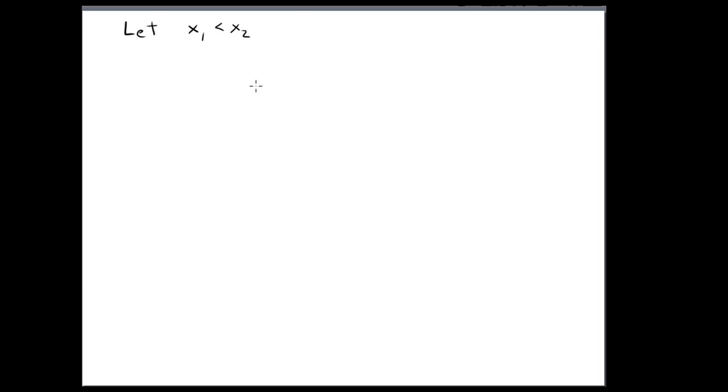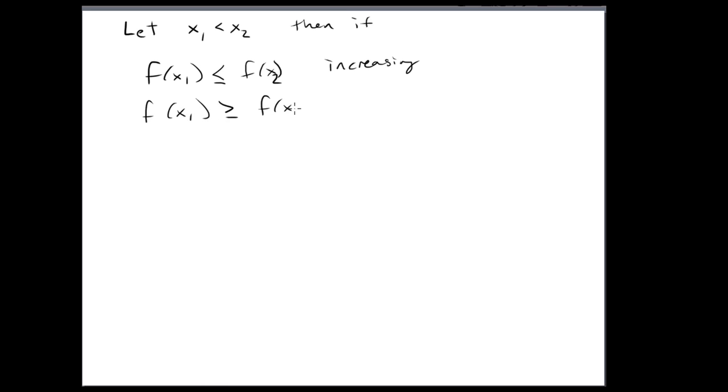Then, if f of x1 is less than or equal to f of x2, increasing. If f of x1 is greater than or equal to f of x2, decreasing. If f of x1 is equal to f of x2, constant.